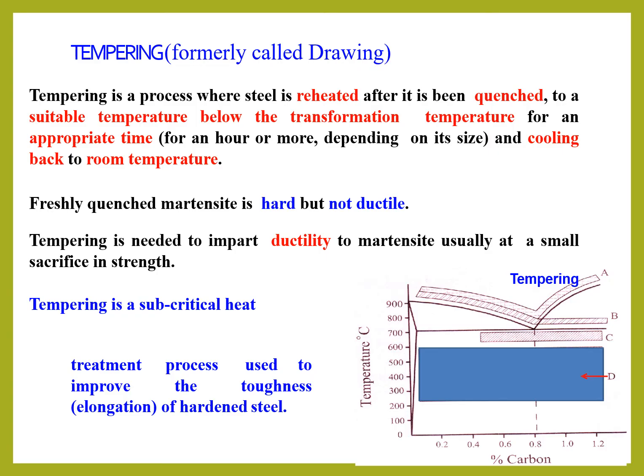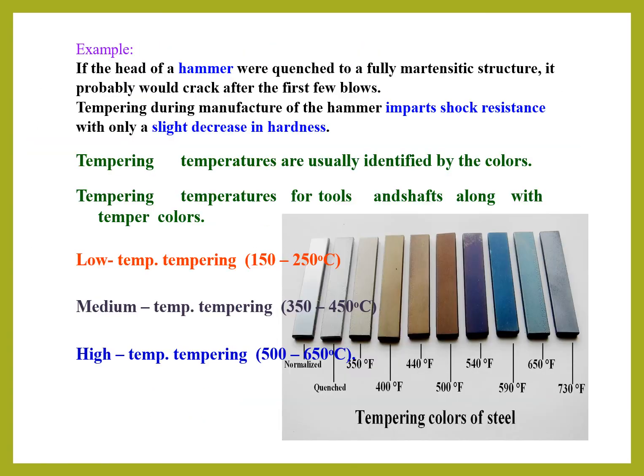This is very useful for sheet metal operations, for sheets, wires and all. They can do this tempering process. We can also increase the toughness. For example, take the head of a hammer. It is quenched and converted to a fully martensite structure.